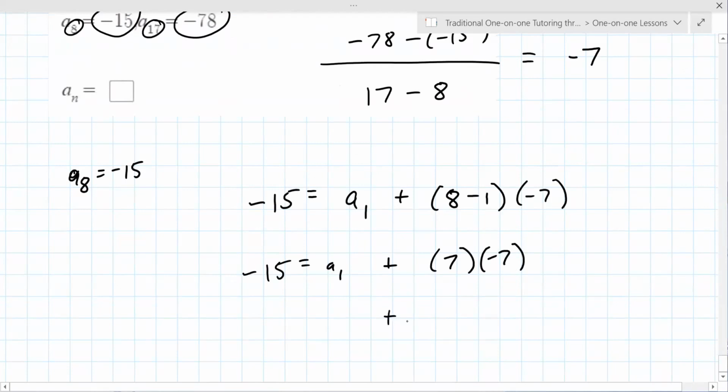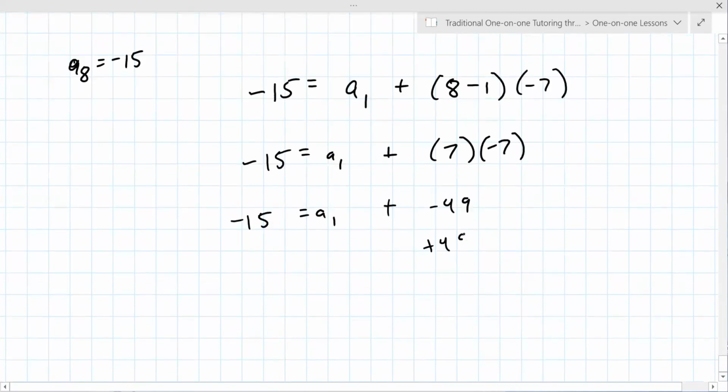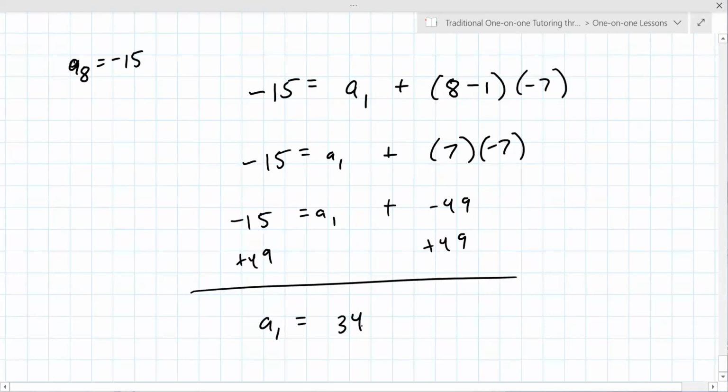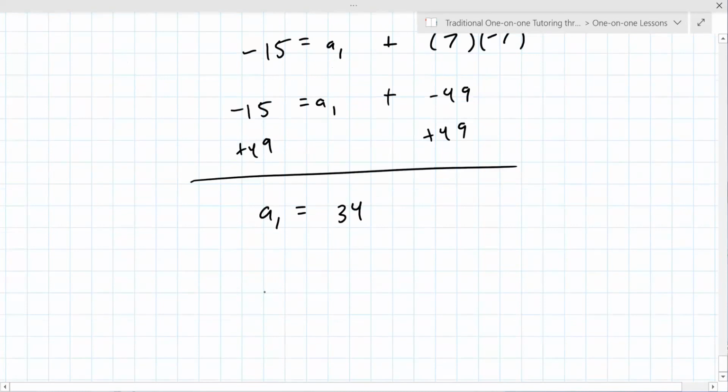So that's minus 49. And then you add 49 to both sides. So you get a1 equals 34. And so your formula is 34 plus n minus 1 times minus 7.